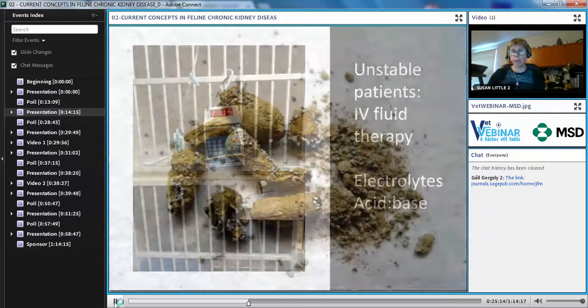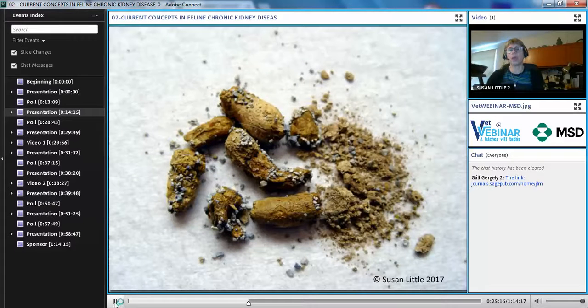But once we send the cat home, the owner also needs a way to monitor their cat's hydration status because it's not as easy for owners as it is for us. And one of the ways that I recommend owners evaluate cat's hydration status, in addition to just whether the cat has a normal energy level or is eating well, is by looking at the fecal quality, hopefully if the cat uses a litter box, it's easy for the owner to see.